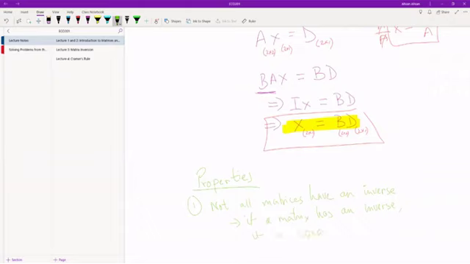What does that mean? Only square matrices have an inverse. Being square, a 2 by 2 matrix or a 3 by 3 matrix or an 8 by 8 matrix, is not a sufficient condition, it's a necessary condition. You have to be square to have an inverse. However, you may be square and still not have an inverse.